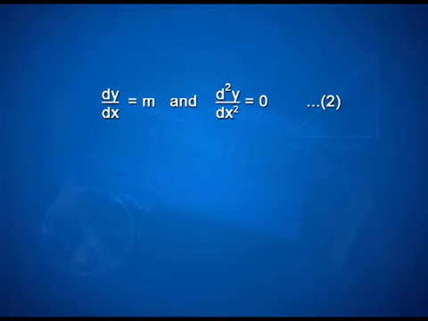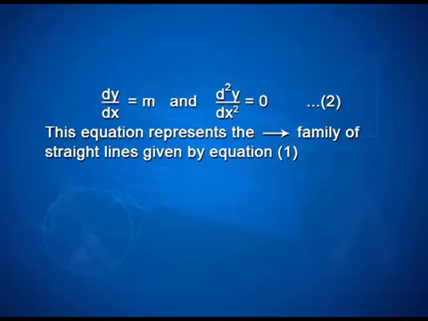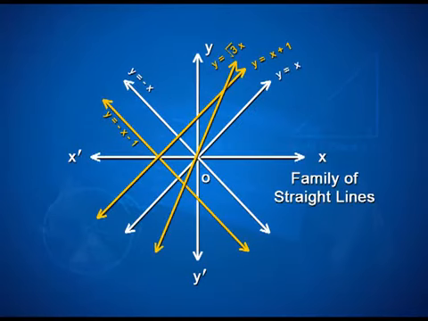We get dy upon dx is equal to m and d square y upon dx square is equal to 0. This equation represents the family of straight lines from equation 1. Here you can see in the figure the family of straight lines. This line is of equation y is equal to x. Similarly, this line is for equation y is equal to minus x and this is for y is equal to minus x minus 1, and so on.